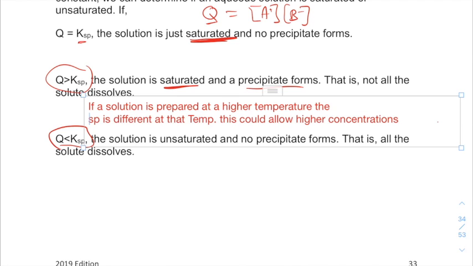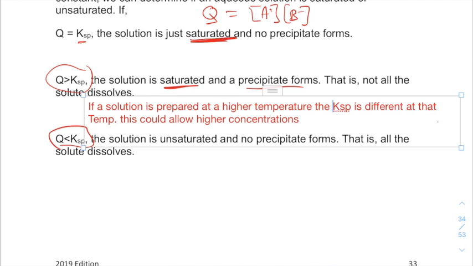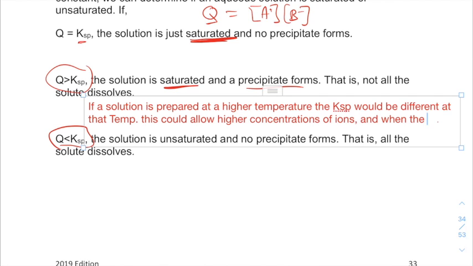So remember that KSP, or K constants in equilibrium, are dependent on temperature. So if a solution was prepared at a higher temperature, the KSP would be different at that temperature. This could allow for higher concentrations of ions, and when the solution is carefully cooled, they may remain in solution.